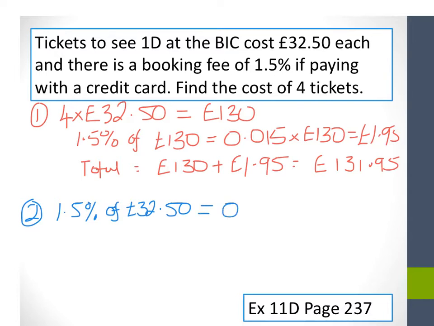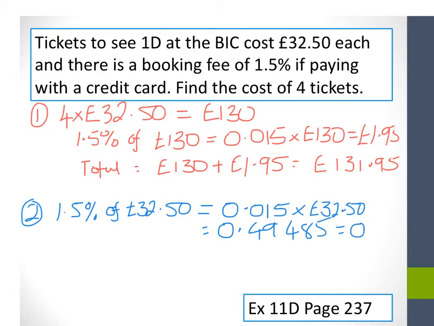So 1.5% of £32.50 would be 0.015 times the cost of the ticket, and that will give me 0.49485, which will round to 0.49 pence.